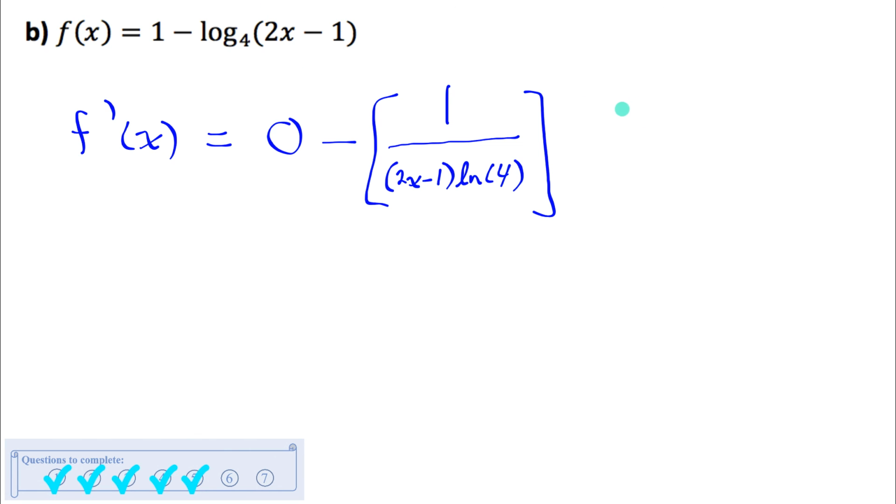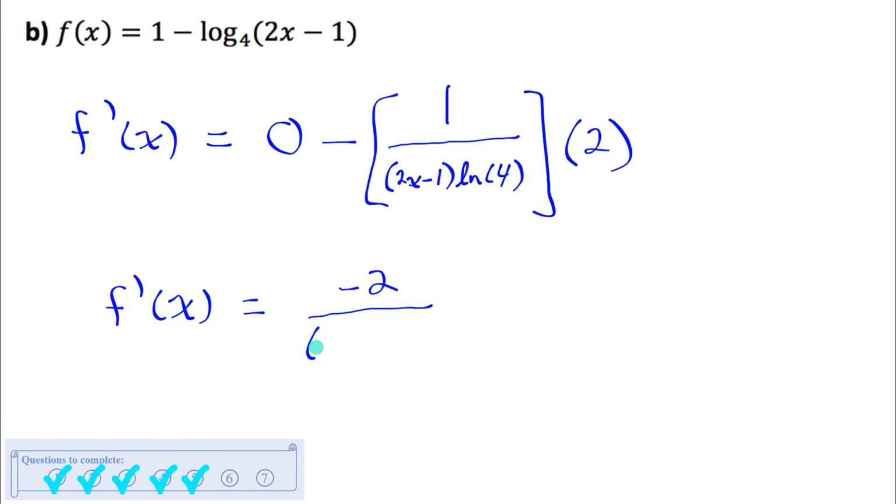So the derivative of 2x minus 1 is 2. So f prime of x equals negative 2, right? Negative 1 times 2 is negative 2 over 2x minus 1 ln 4. And that's all we could do for that one.